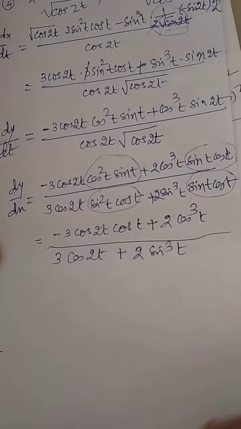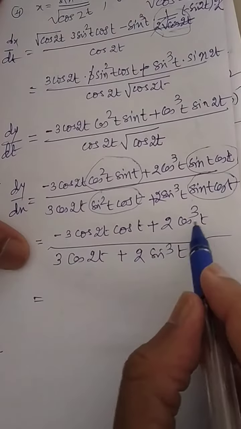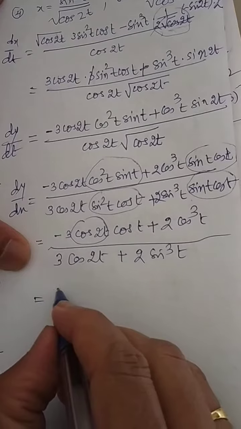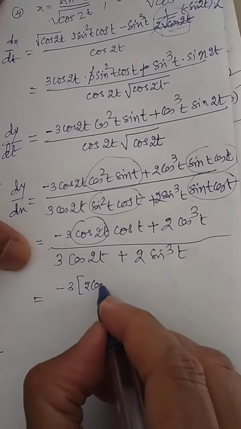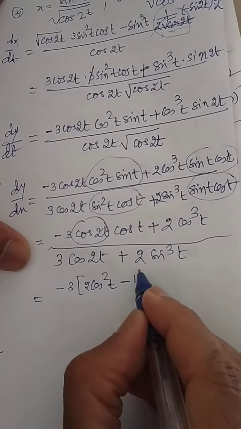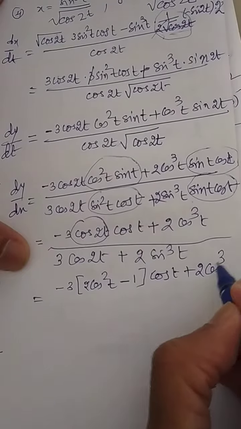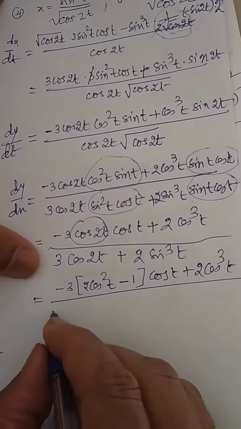Next step. Here everything is cos in the numerator except this, which we also have. Now it is minus 3 cos formula. It is 2 cos square t minus 1. It is cos t plus 2 cos cube t divided by, this is 3.